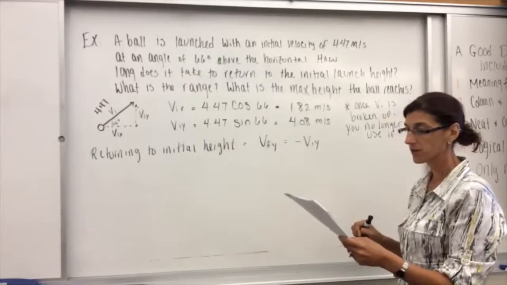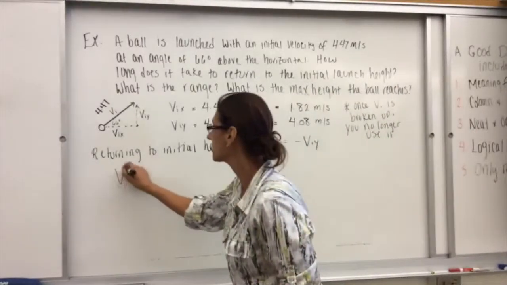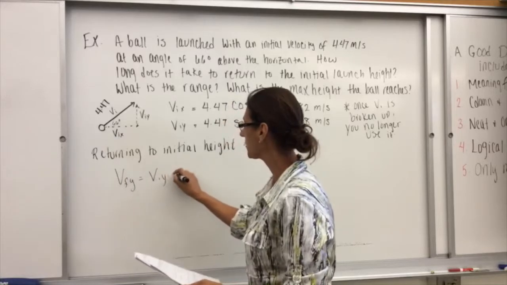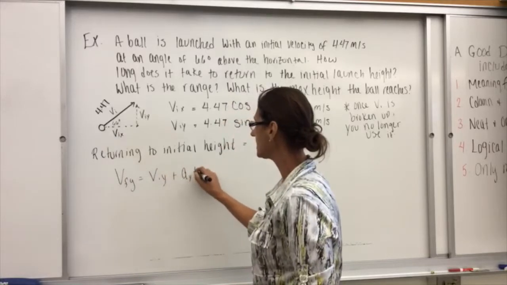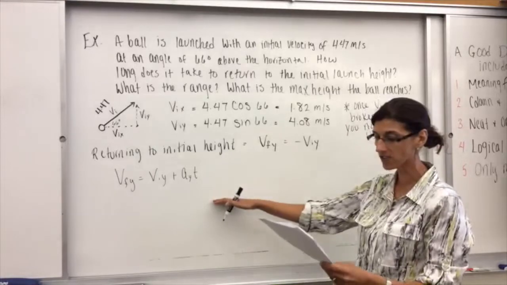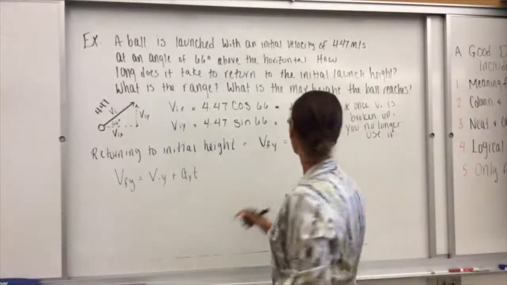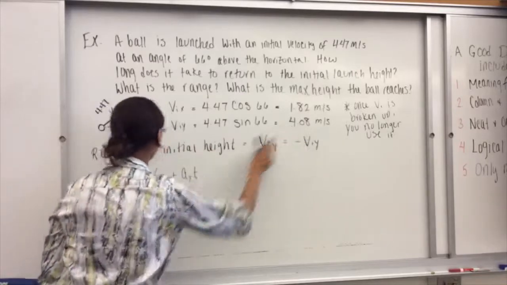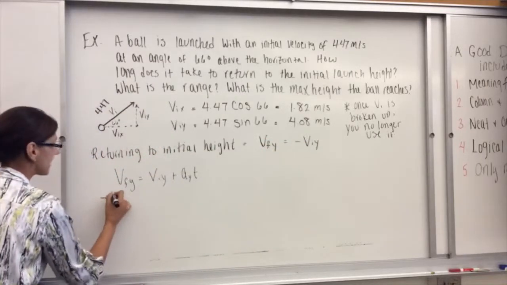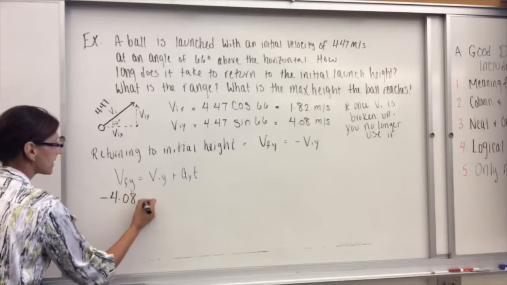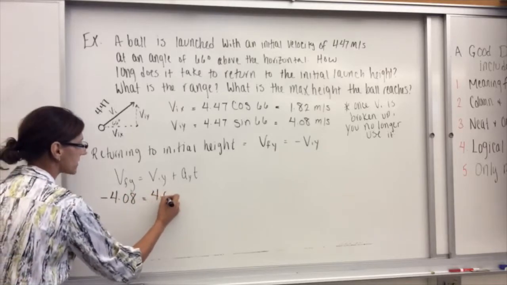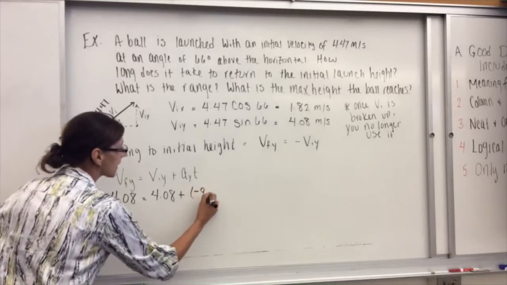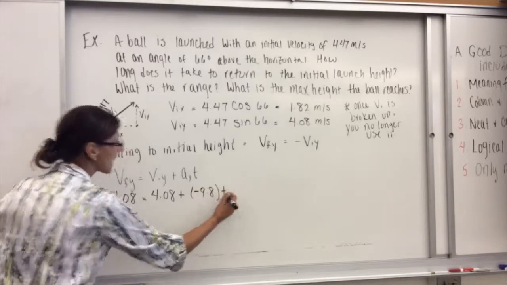So we're going to use the equation v final y equals v initial y plus a y t. So this is the y direction only. Plugging my values in, since my v initial y is 4.08, my v final y will be negative 4.08 equals 4.08 plus negative 9.8 times time.